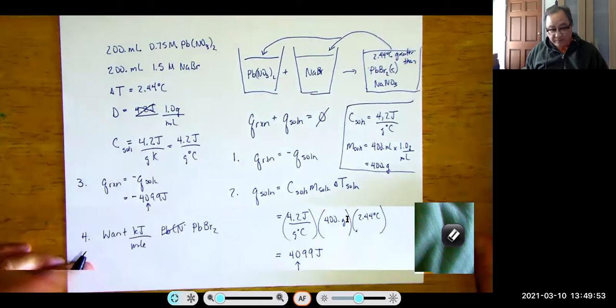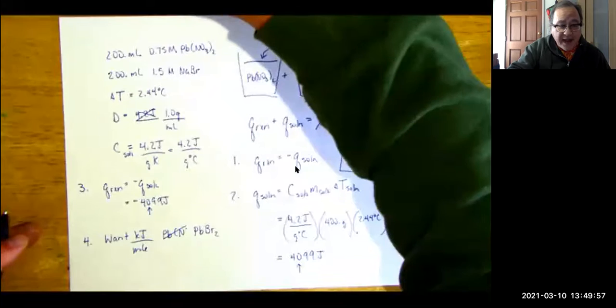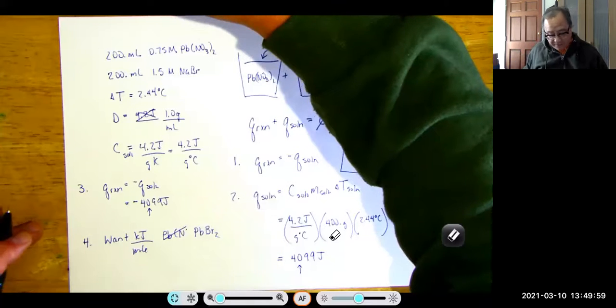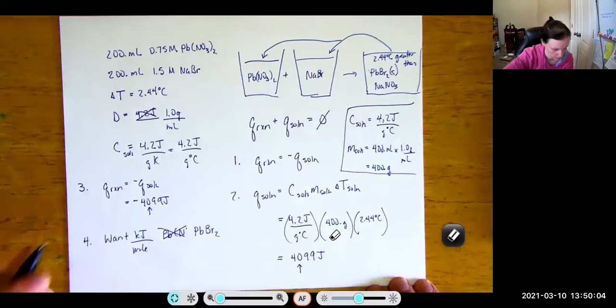So if only there was a way for us to calculate the moles in this reaction. Is there a way for us to calculate the moles in this reaction? Yeah. How do we do it?